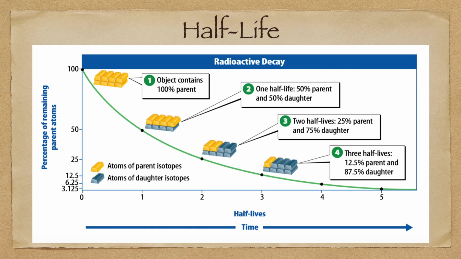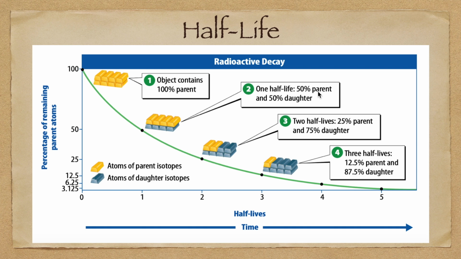This graph helps to explain how half-lives work. This is 100% of, let's say, the C14 in a creature that just died. It died here at this mark. It has all of the C14 that it's going to have. Not taking in any new C14 as time goes on, it gets to a point where half of the C14 has turned into N14.